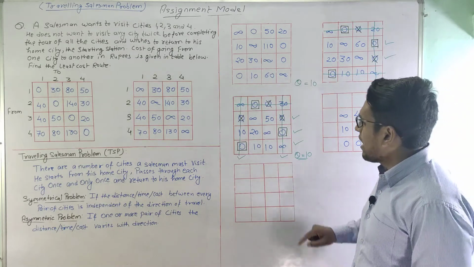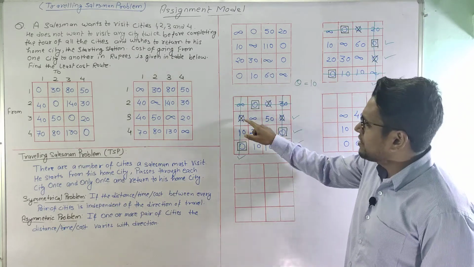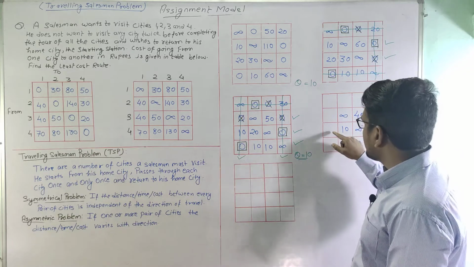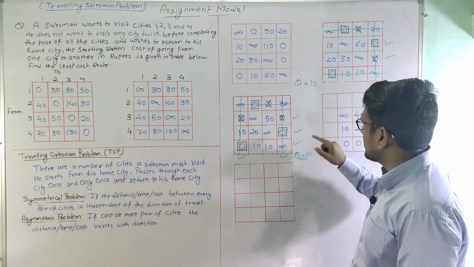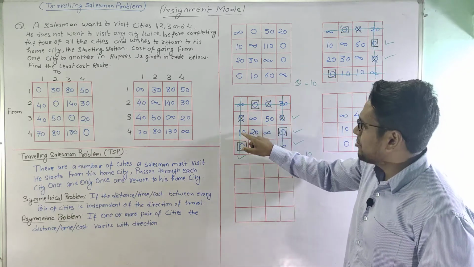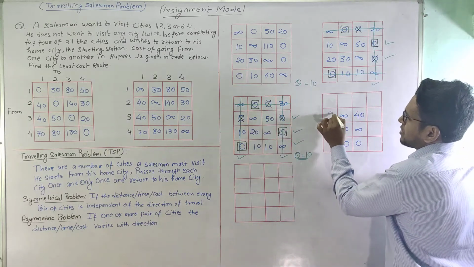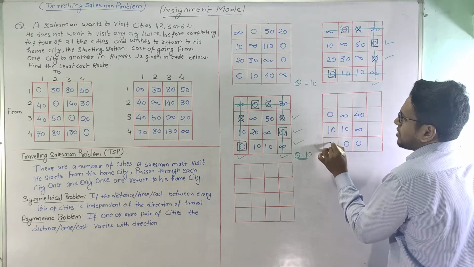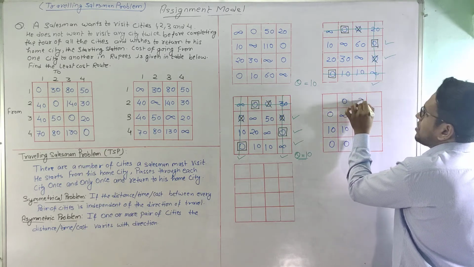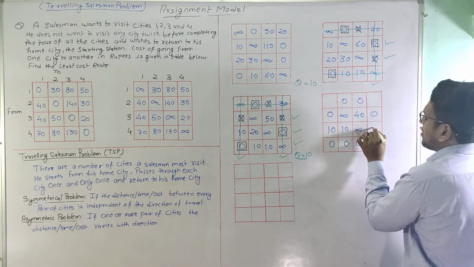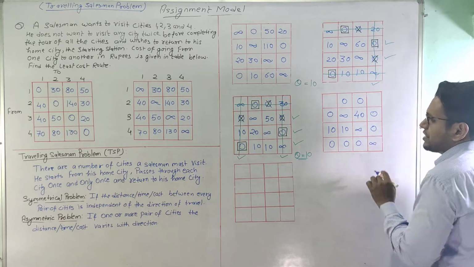Now for the cells having a single line passing through them, the new Cij will be the same as that of Cij in the previous matrix. So these values will remain the same. So this will be 0, 10, 0, 0, 0, 0, 0 and infinity.